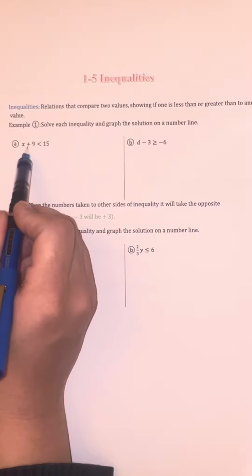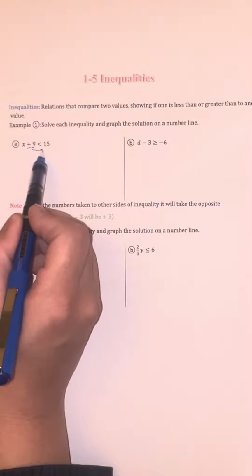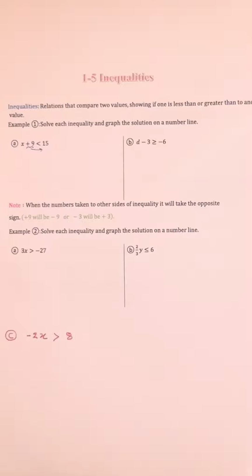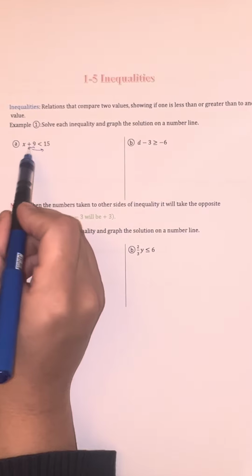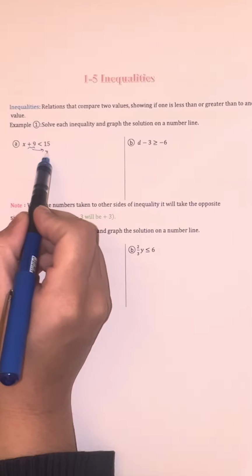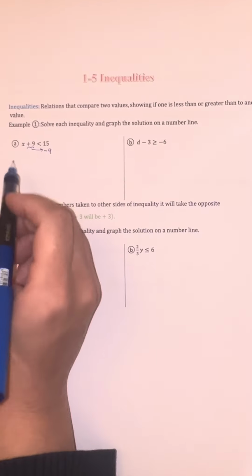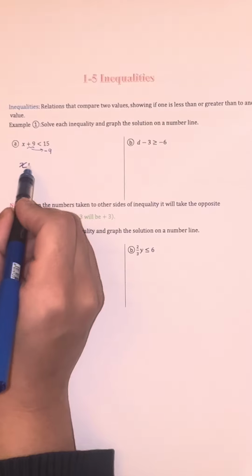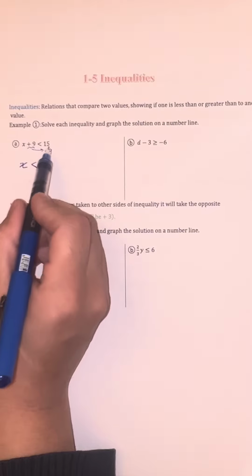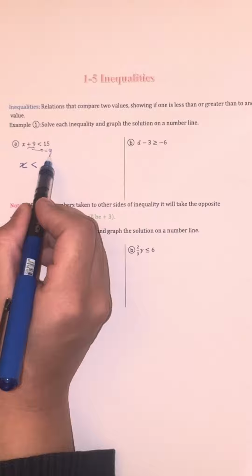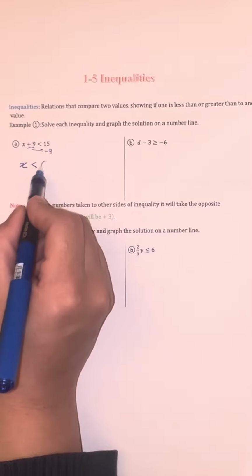If we change the place of the number from right side to left side or left side to right side, we need to rewrite the number as it is, just change the sign. If it's positive, it will be negative. If it's negative, it will be positive. So as you see, 9 is positive. When we take it to the other side, it will be negative 9. So the variable as it is, the symbol also as it is, 15 minus 9 will be 6.